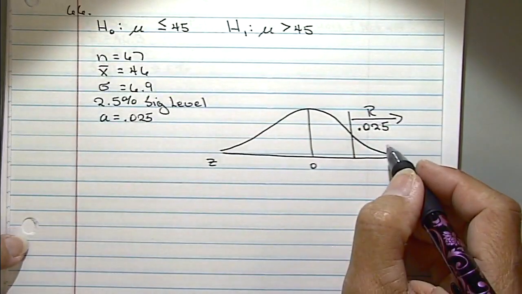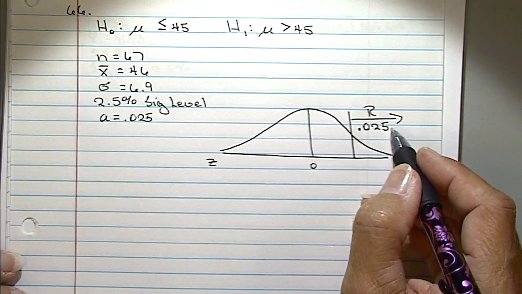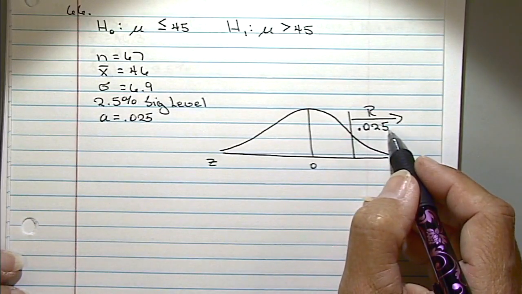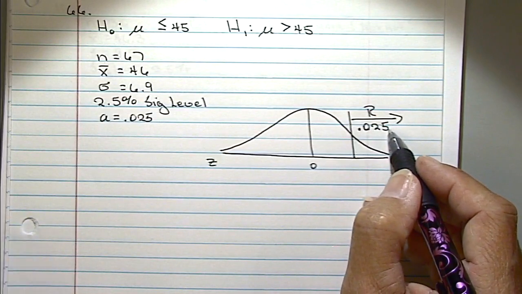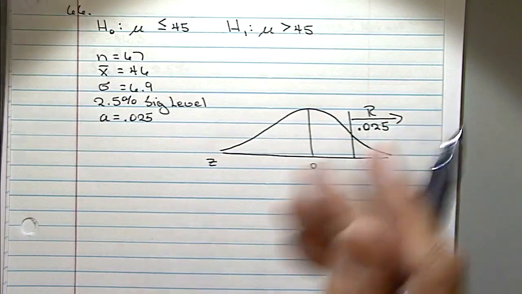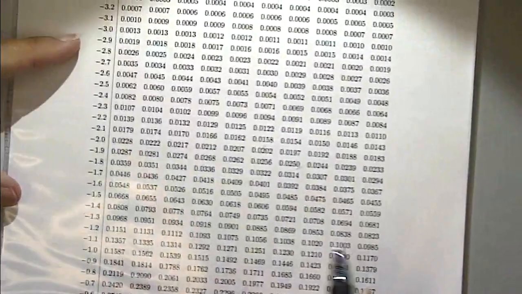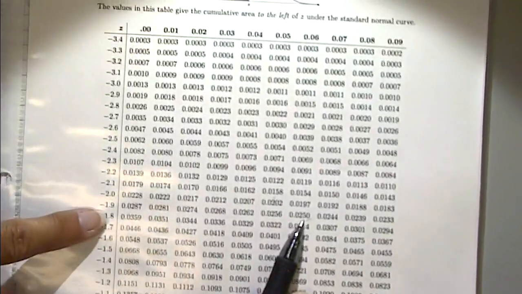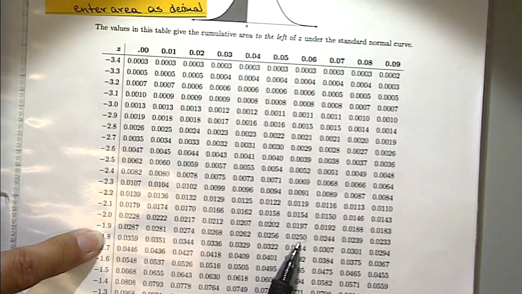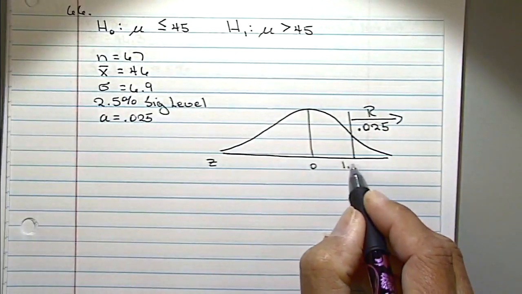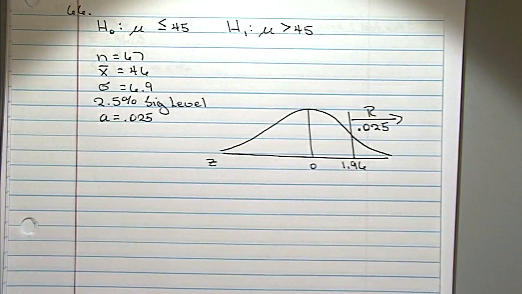If you're looking this up on the z-table, which you are, you would look up the area 0.025. Now, I know it's on the right, but I told you, look up everything on the left, didn't I? So you go over here to the z-table and find it first. You go to the left side of it, because that's where the small areas are, and I go 0.0250, and it's negative 1.96, but my critical value for z is a positive 1.96, because this is a right-tailed test, right?